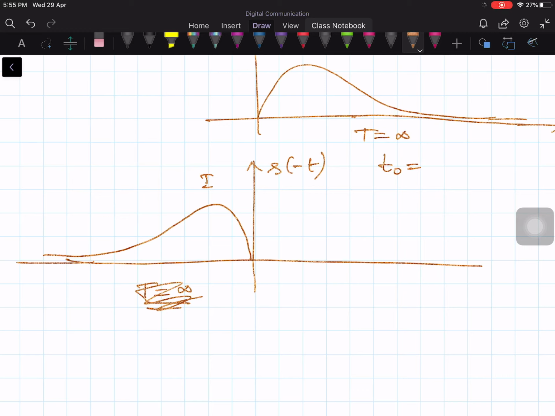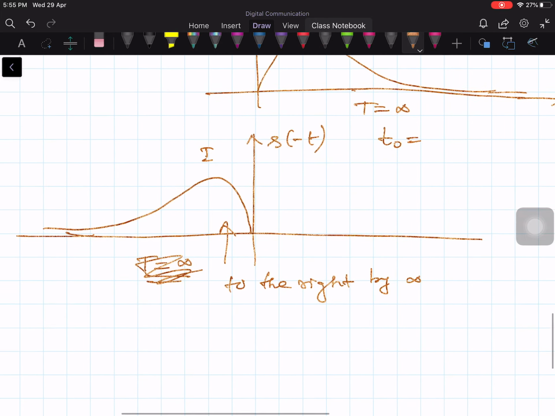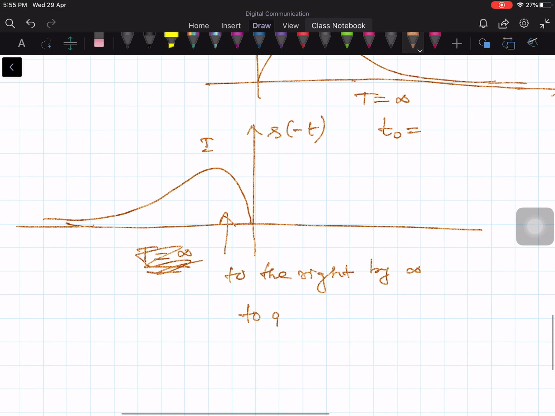So you have to shift this pulse to the right by infinity. That means you have to wait an infinite duration of time. To get a causal filter response you must wait infinite duration, so it is impossible.